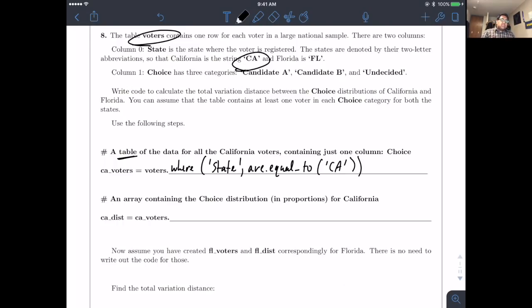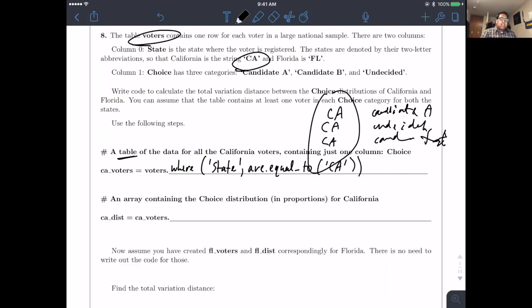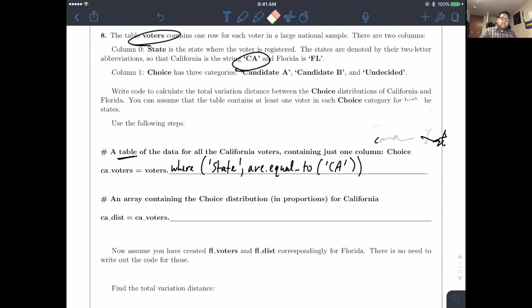But this will just give us a table that says CA, candidate A, CA, undecided, CA, and so on. Like it'll say California every time. But our array is called California voters, right? So we don't need each row to tell us that it's in California, right? So what we want to do is just select the column choice, as the question tells us right here.